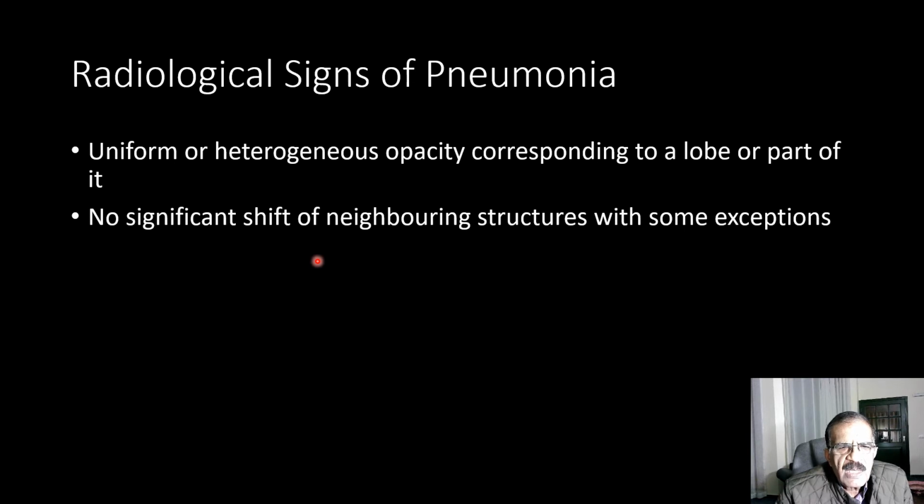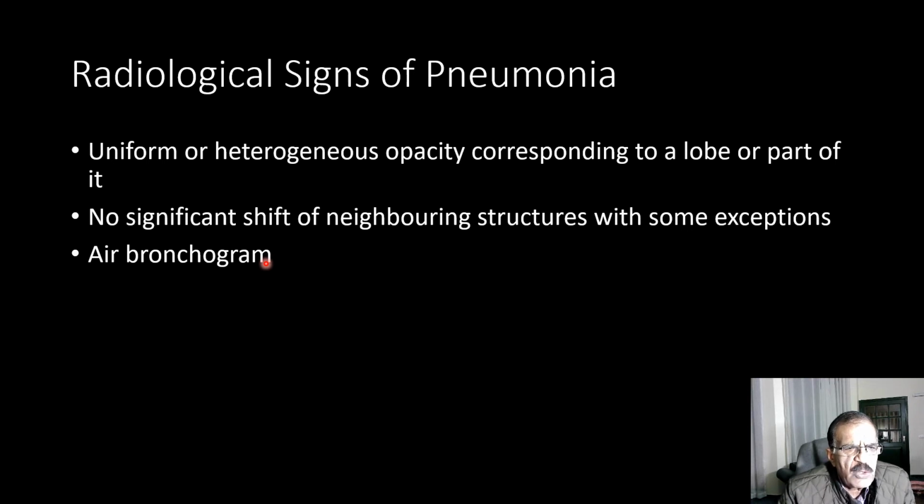But the typical simple consolidation would not shift the structure to the other side or pull it toward its own side, because in pneumonia simply alveolar air is replaced by exudate. There is no addition of any other space occupying region. Air bronchogram is also very characteristic of pneumonia.